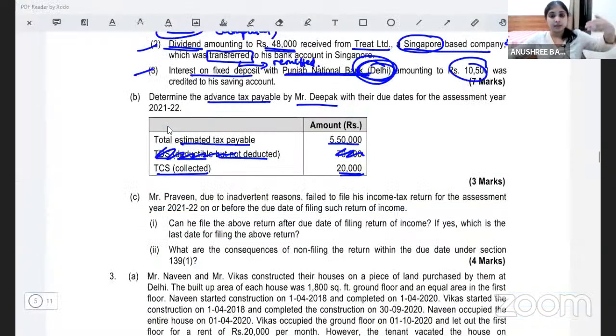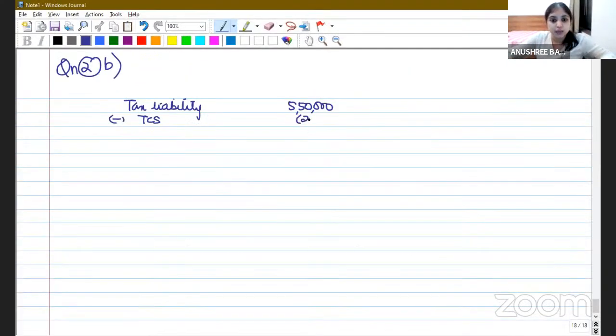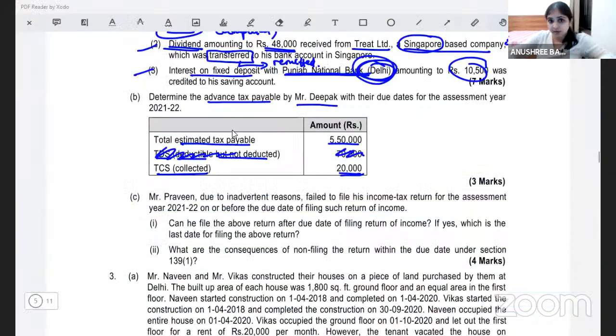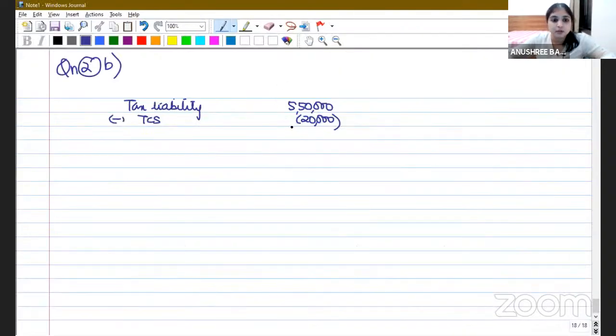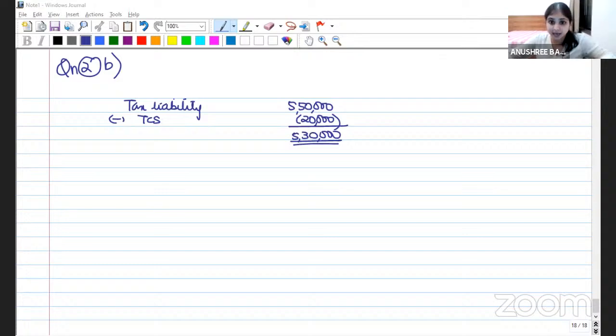Why? Because somebody has already collected so much tax from us and they would have paid it to the government. So we don't have to pay this much tax again. TDS we are not subtracting because it was deductible, but it was not deducted by that person. That person gave us the entire income without deducting. So we have to pay it now. So what is the tax liability of the assessee? 5,30,000. This 5,30,000 is what you will have to pay as advance tax.